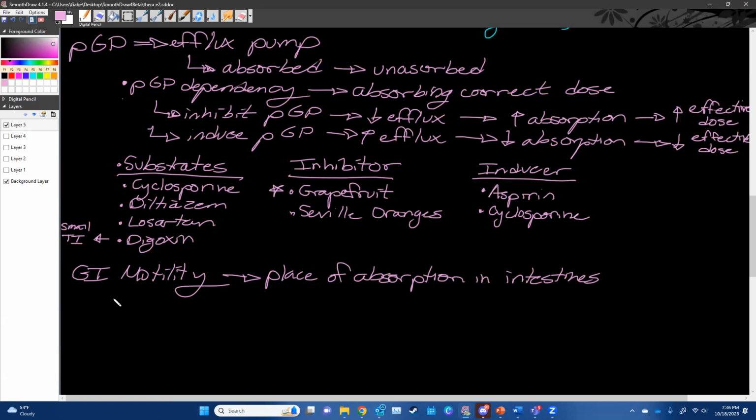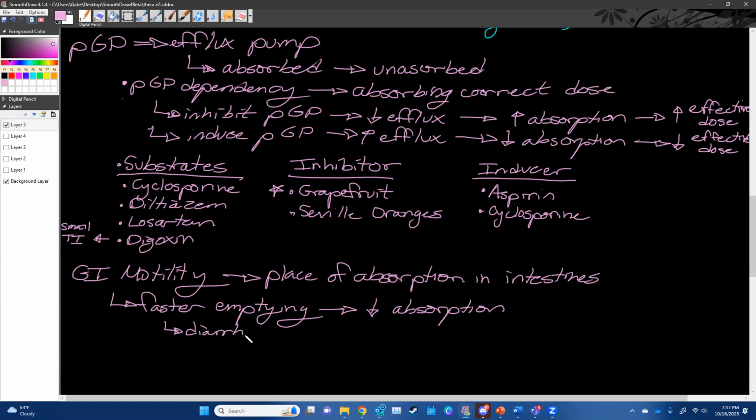So the faster that the bowels are emptying, the lower the absorption. What disease state causes faster emptying? Diarrhea. Exactly. So if you have a patient with chronic diarrhea, they may require higher doses.